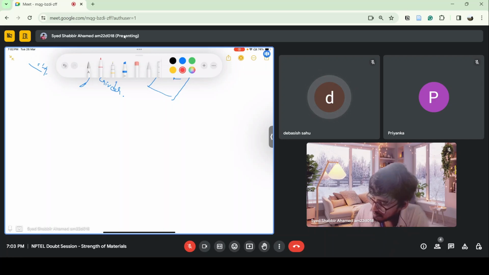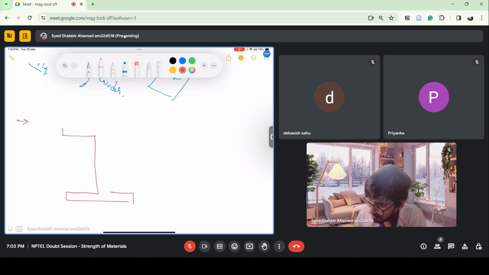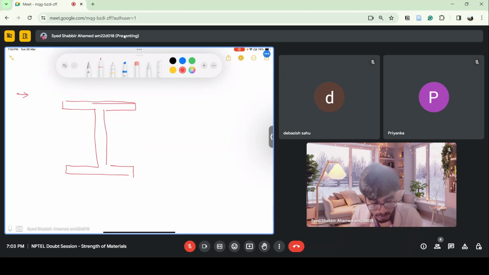So let's say you have an I beam like this. This is the y axis and this is the z axis.